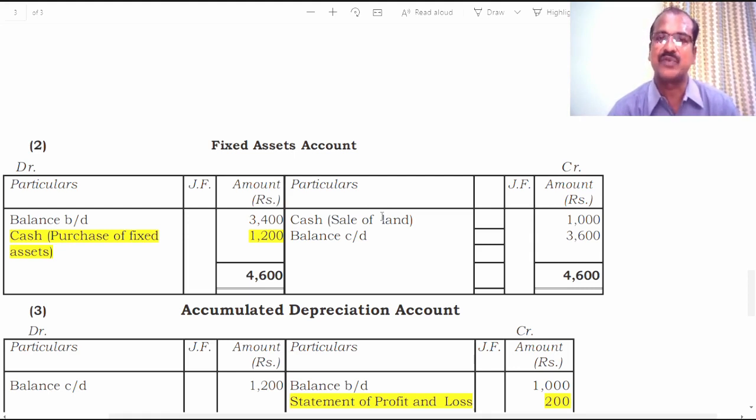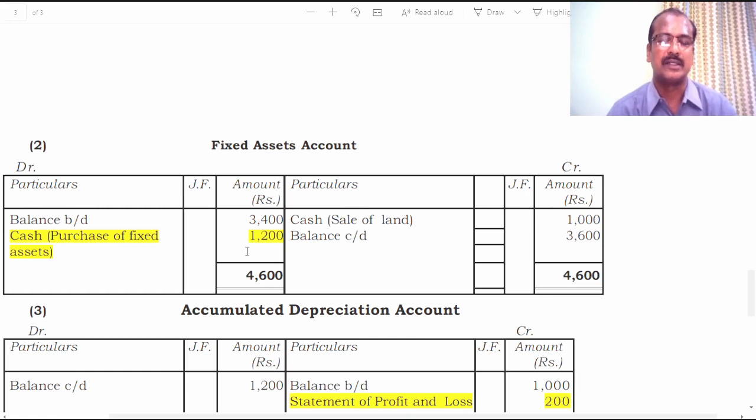My suggestion is that for every non-current asset, you need to maintain a separate provision for depreciation. That is what is conceptually correct. And more specifically for land, you don't need to maintain provision for depreciation. Here it is grouped together. However, this particular error committed in the problem doesn't affect the way we do the problem, and that is why I am also explaining it. Please try to understand.